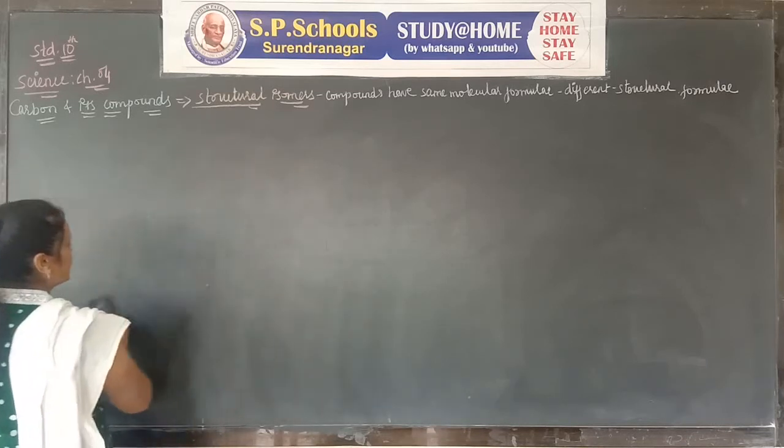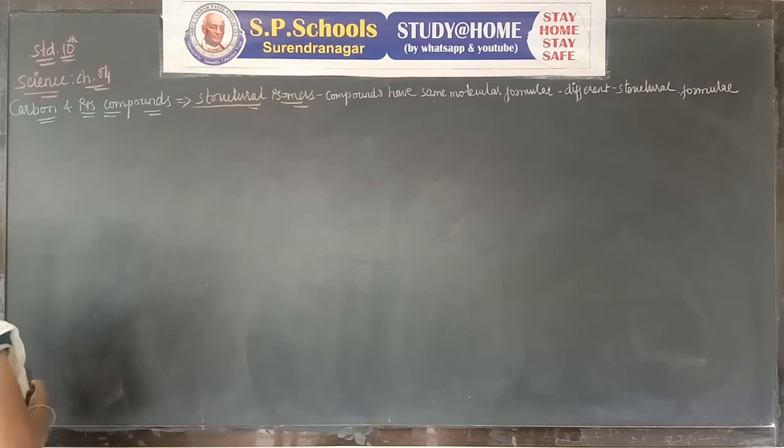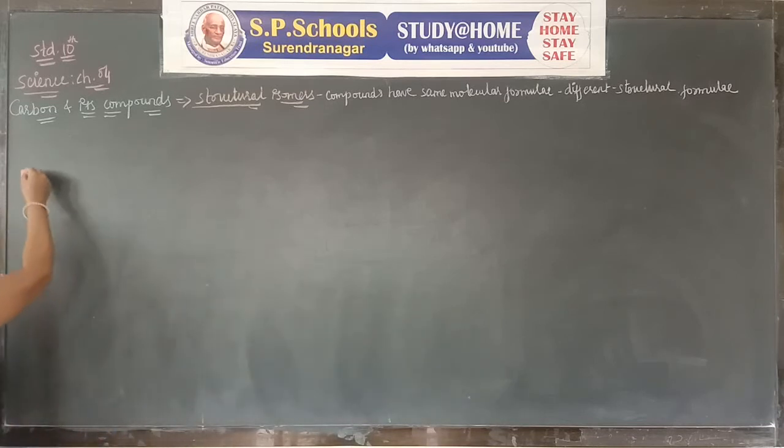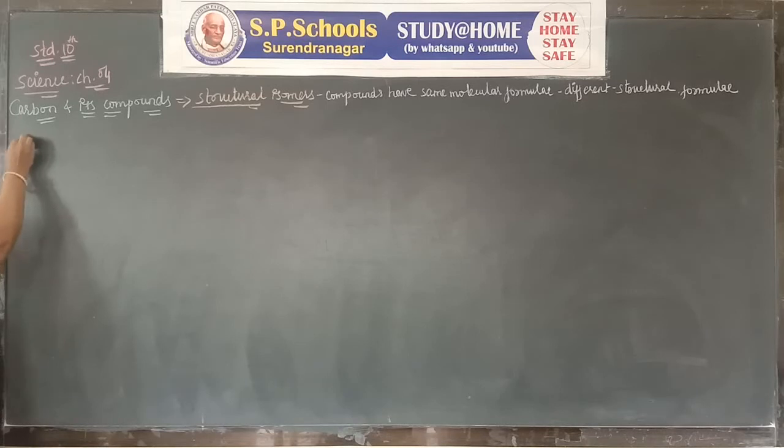Let's give the example of structural isomers with butane, pentane and hexane. Let's see one by one. First we start with isomers of butane.